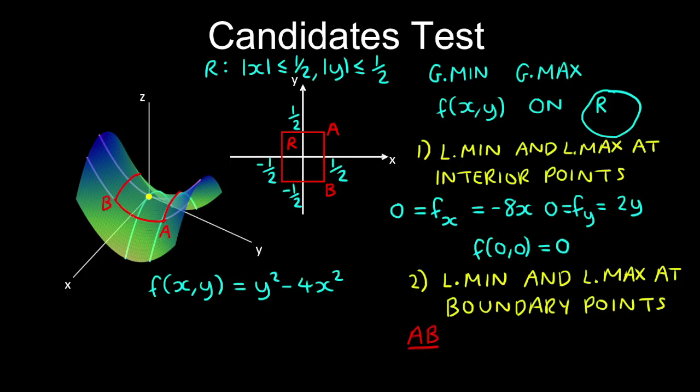And we first check the interior points. So this curve is defined by the function of x is equal to 1/2, and y is the variable. So what we get is y squared minus 4 by 1/2 squared, which is 1.